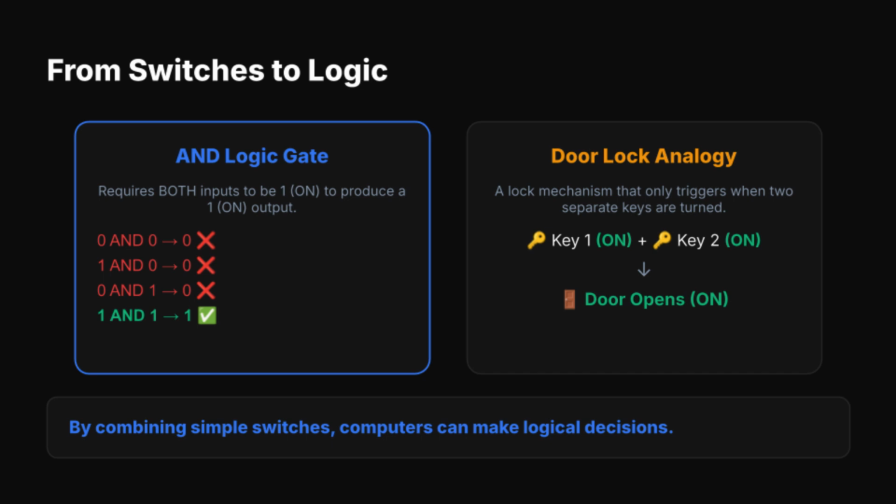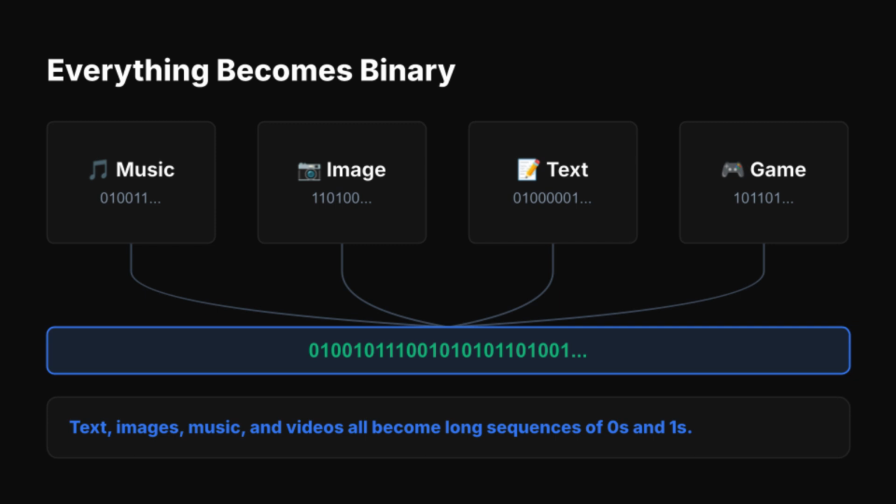The door only opens when both keys are turned on. In exactly the same way, an AND gate only turns on when both the inputs are on. By combining millions and billions of these logic gates, computers can make decisions, perform calculations, and execute the programs we use every day. Now, if it's an OR gate, either of them should be 1 and the result will be 1.